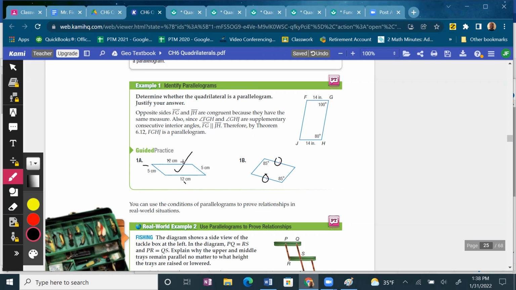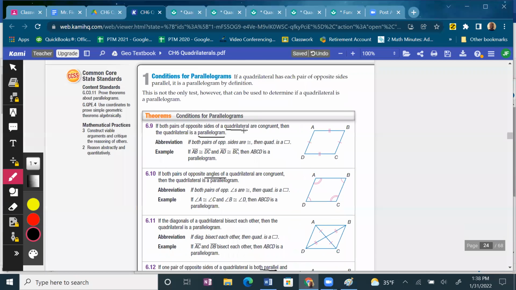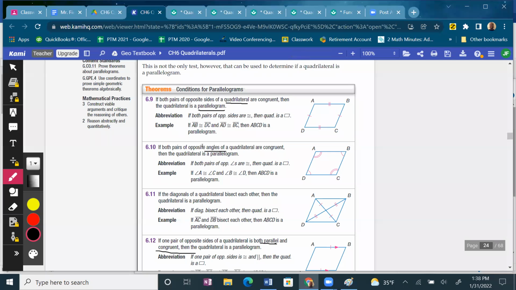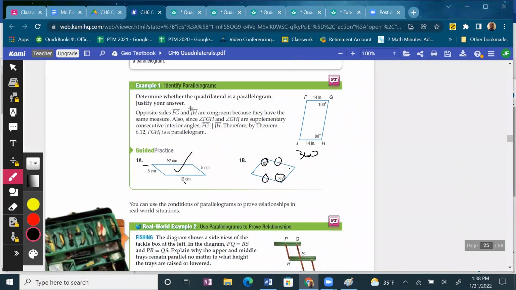One pair of opposite sides are congruent, and one pair of opposite angles are congruent. But we can also use that we know quadrilaterals add to 360. Wait, hold on now. Can we say that? We need both pairs of opposite angles. So I don't think we can say this. No, it doesn't fit any of our theorems anyway.